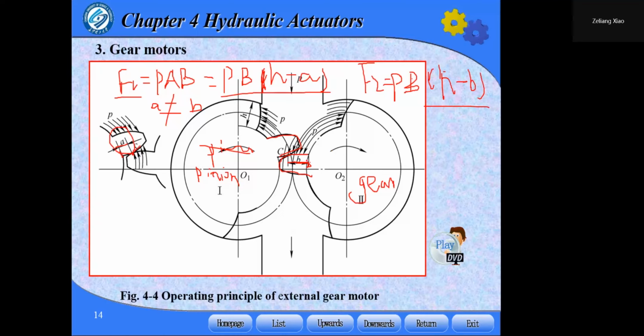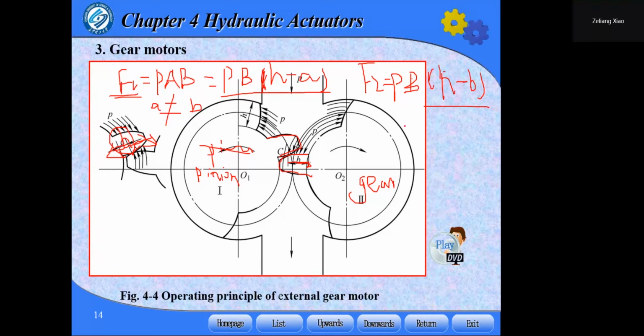This is A, this is B. So there is a difference between F1 and F2.